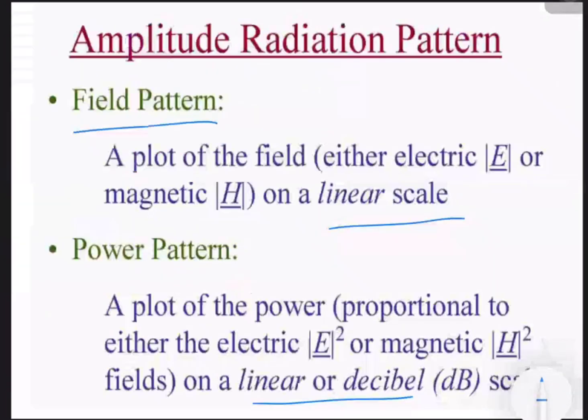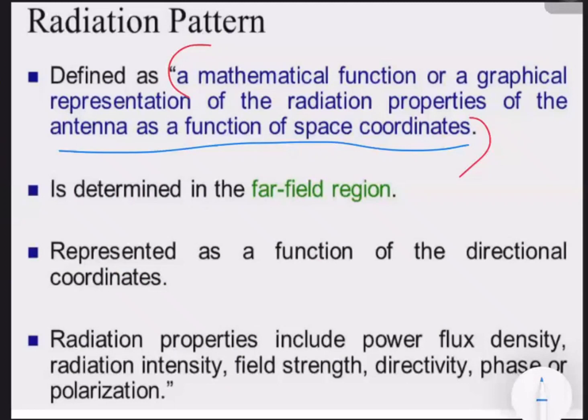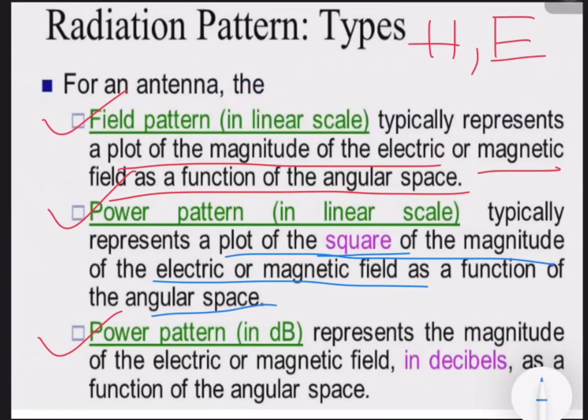So in this session, you have learned about the radiation pattern of an antenna. The radiation pattern of an antenna is the graphical representation of the radiation properties of an antenna in different space coordinates. The radiation pattern can be of three types: field pattern, power pattern in linear scale, and power pattern in dB.